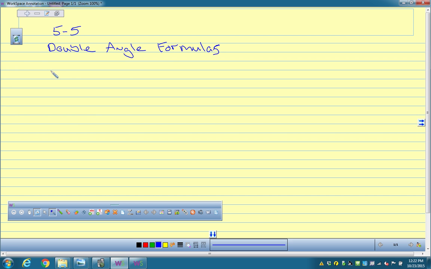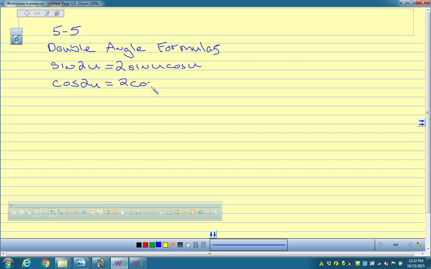But what they say is, the first one says that sine of 2u is equal to 2 sine u cosine u. And the second one says that cosine of 2u is equal to 2 cosine squared u minus 1, or that's also equal to 1 minus 2 sine squared u.